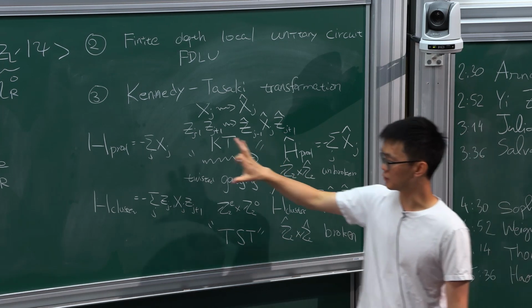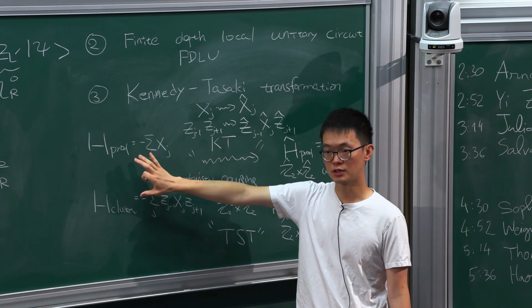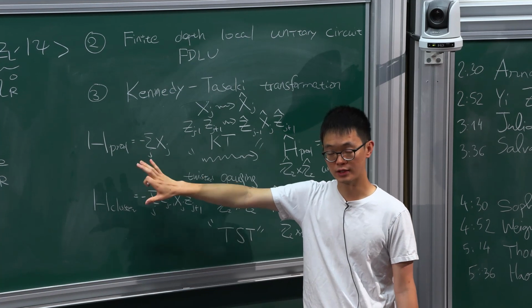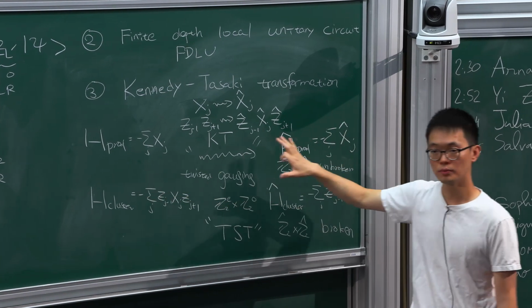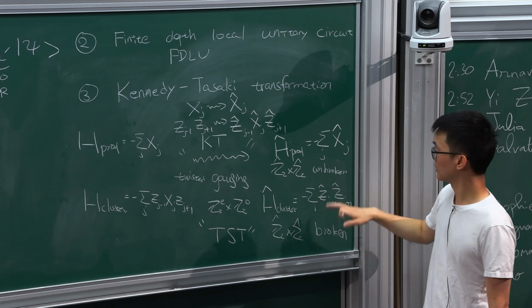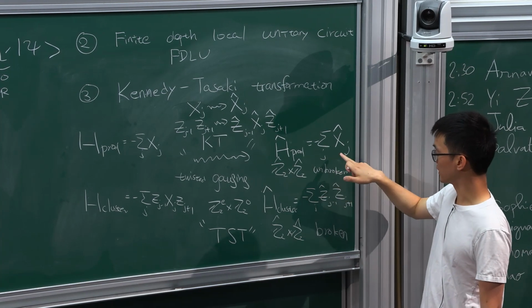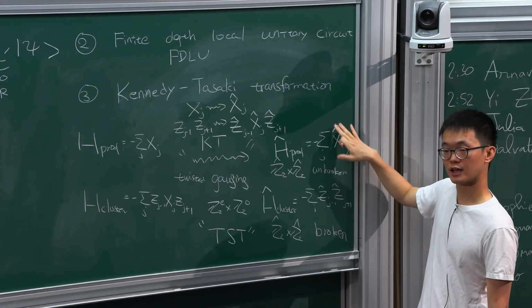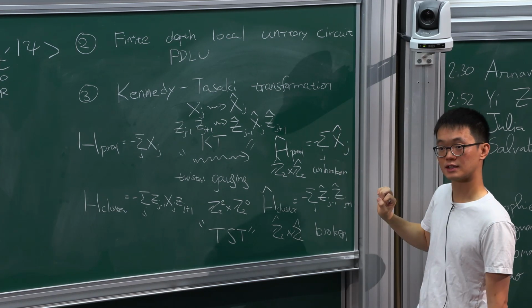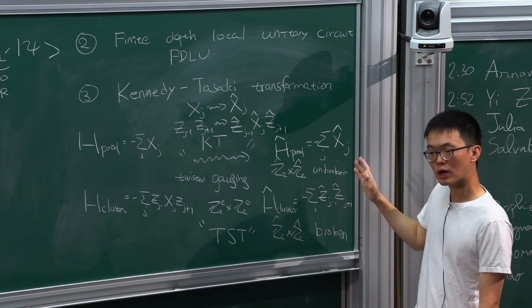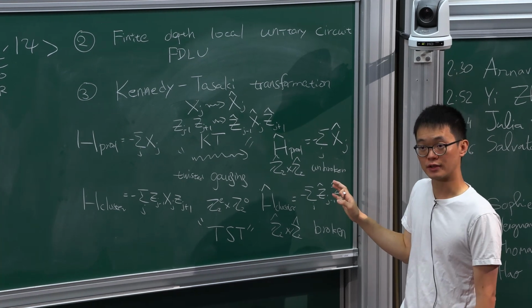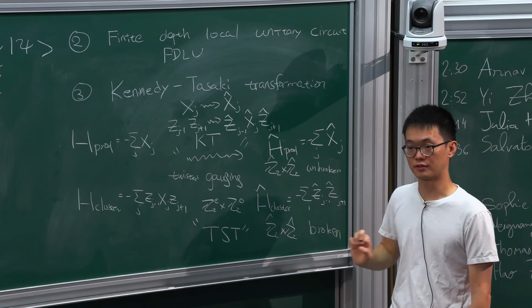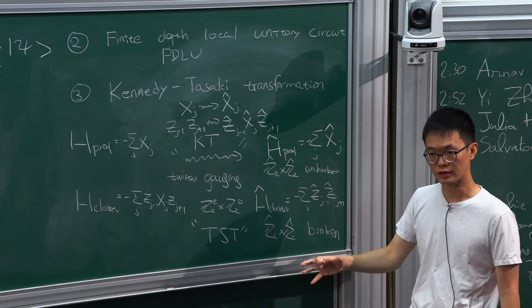So the idea is that if you start with a system with a Z2 cross Z2 global symmetry and you gauge that global symmetry, there's going to be a dual global symmetry. And in this case, it's generated by the product of x hat j over the even sites and x hat j over the odd sites. If you drop the hat, it's tempting to identify the 2. But it's really important to distinguish them. One of them is dual to the other.